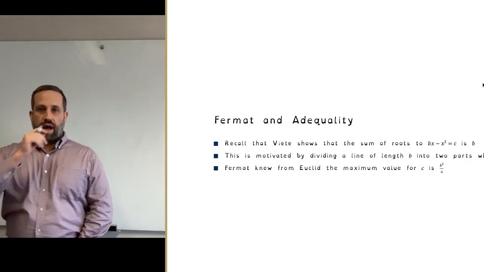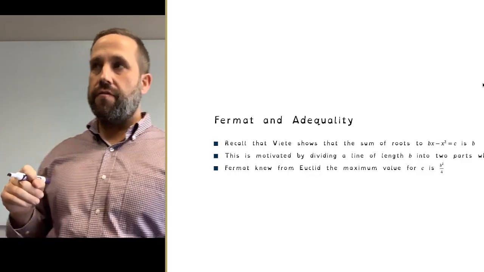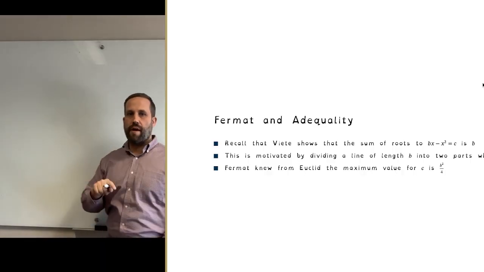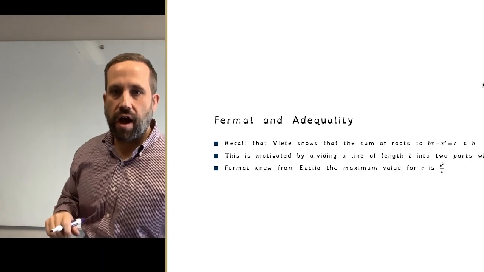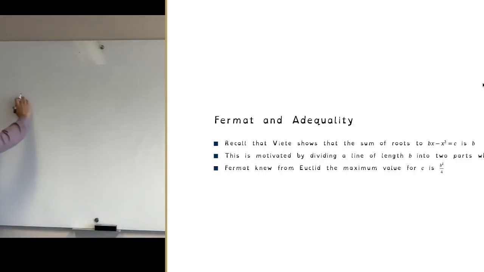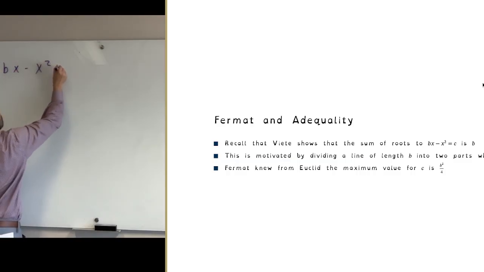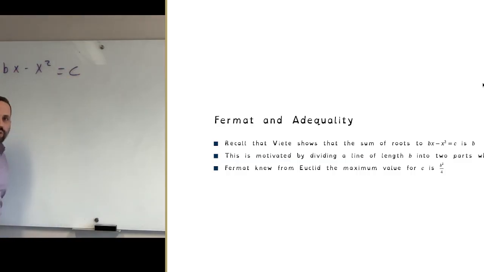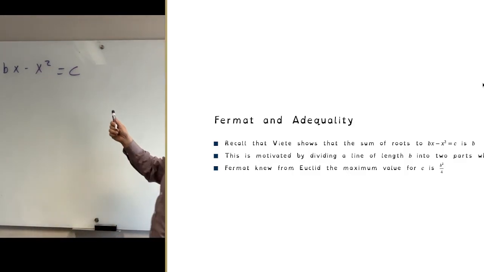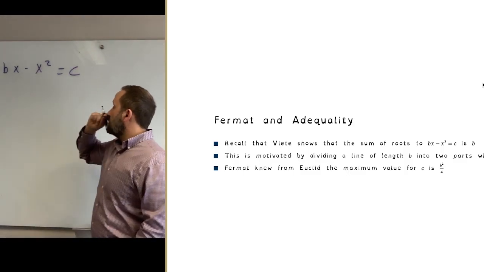Fermat remembers the following fact from Viète that we haven't talked about yet, but you can read about it in the book. It says the following: if we have the equation bx minus x squared is equal to c, we're interested in several things.